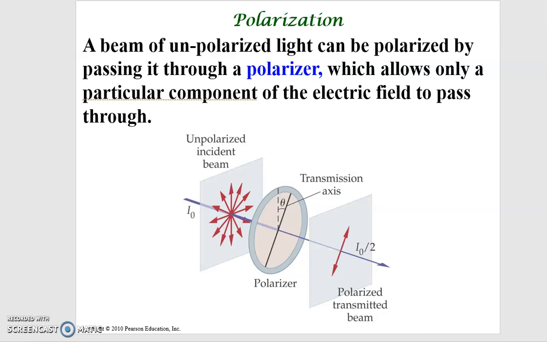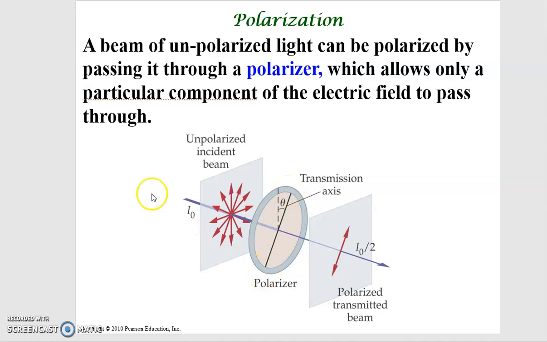Now, if you have an unpolarized beam of light, how can you make it polarized? The trick is you have a device called a polarizer, and you can control the so-called transmission axis. What do we mean by the transmission axis?